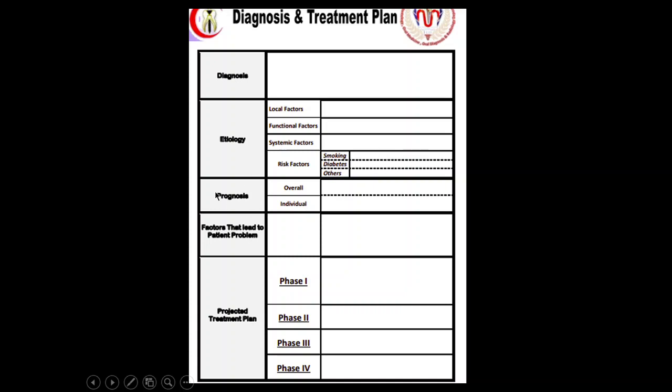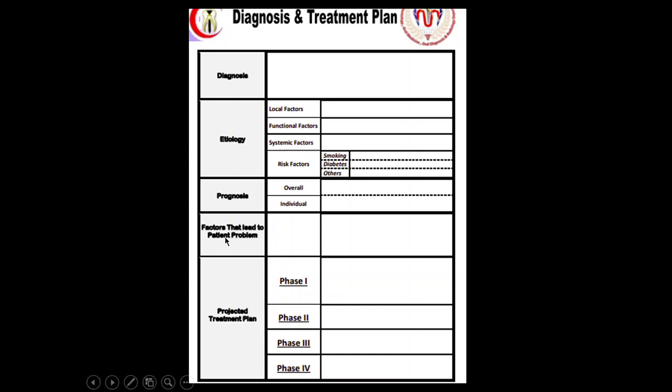Prognosis, it is a chapter title. You will get it in the lectures. Overall, this is overall prognosis. This is for generalized condition. Individual prognosis, if we have a localized condition, depends on several factors, just like the age, oral hygiene, the medical condition, the amount of bone loss, distribution of the disease.